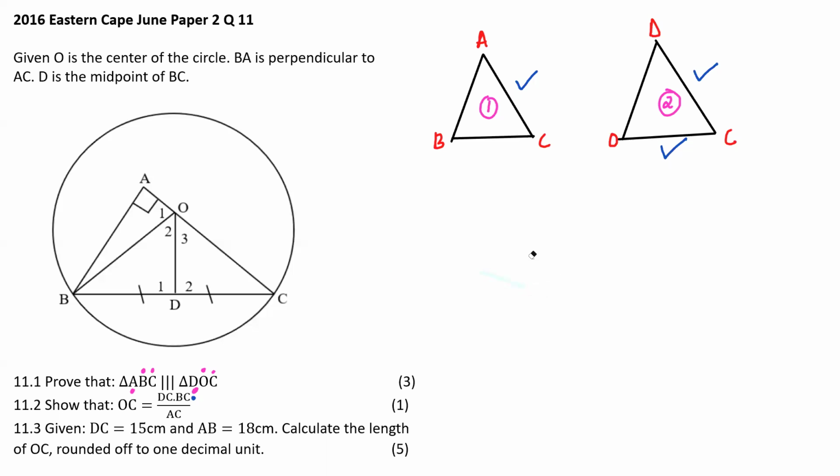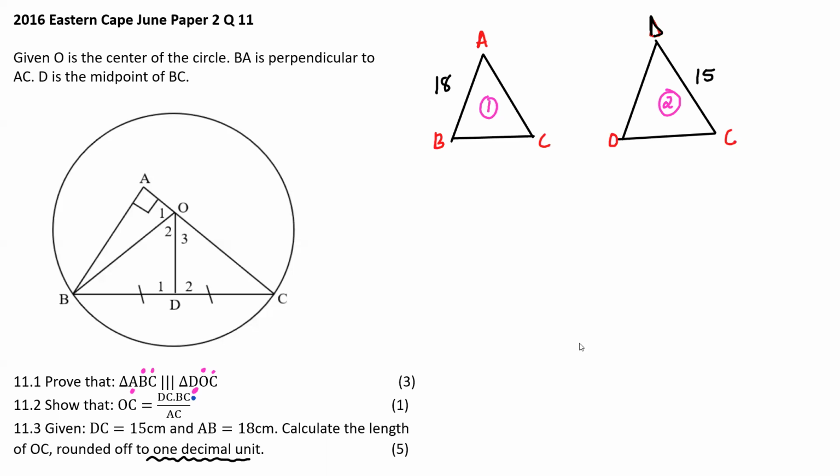Where's my DC? I see DC is 15. AB is 18. Calculate the length of OC rounded off to 1 decimal place.